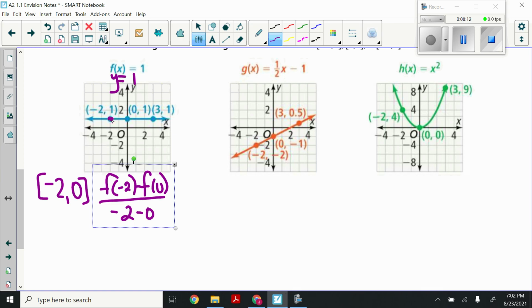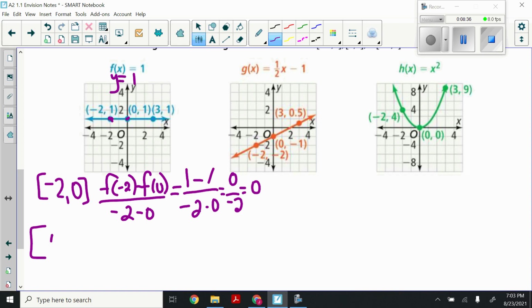My y value is 1. So this equals 1 minus f of 0. When x is 0, what's my y value? X is 0, y is 1. So 1 minus 1 over -2 minus 0. On top, 1 minus 1 is 0. On the bottom, -2 minus 0 is -2. So 0 divided by anything is 0.